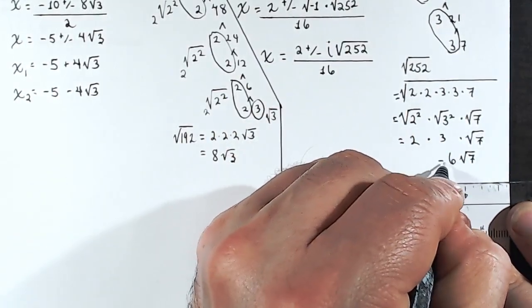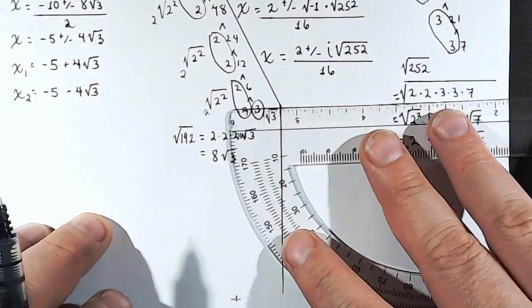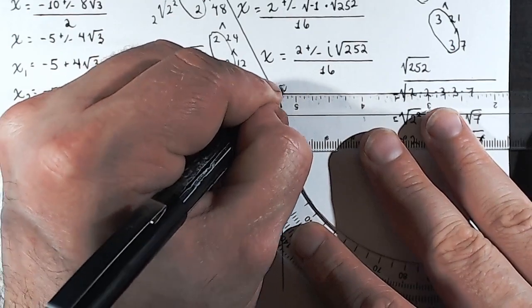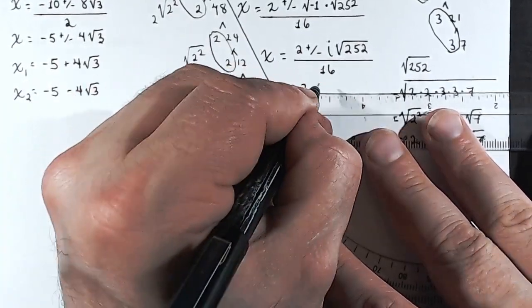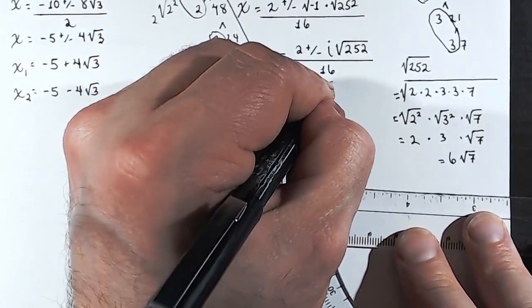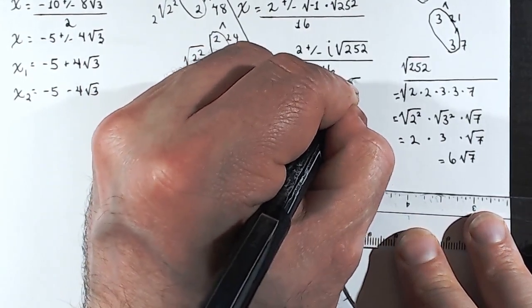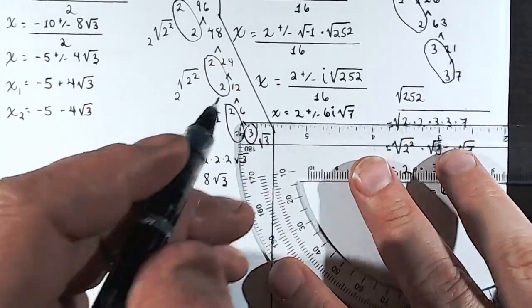All right, so when I go back and write this again, x is equal to positive 2 plus or minus 6i square root 7 all over 16.